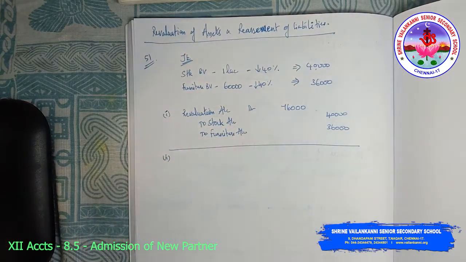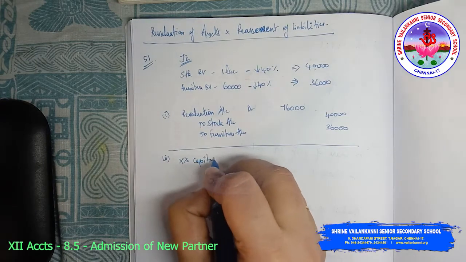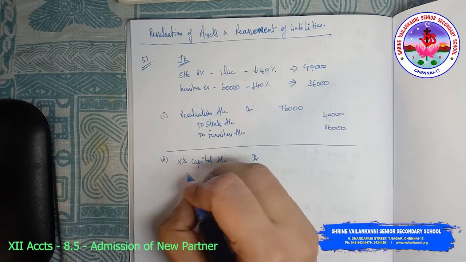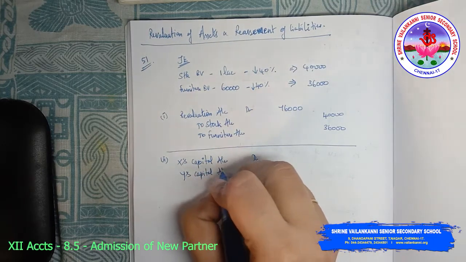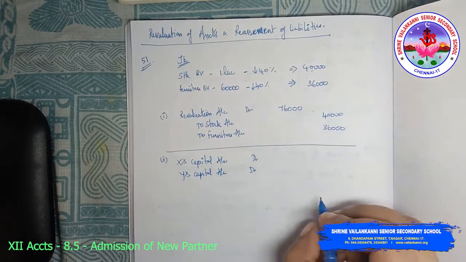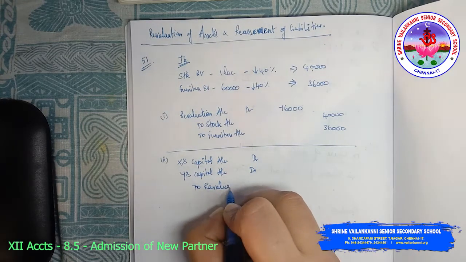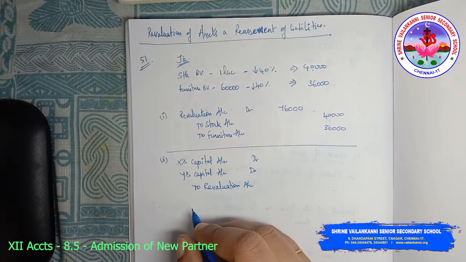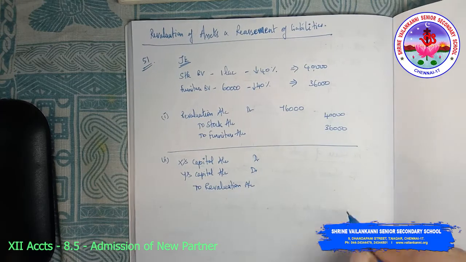The second journal entry would be X's capital account debit, Y's capital account debit. So this 76,000 to revaluation account. So, being loss on revaluation account transferred to X and Y's capital account.